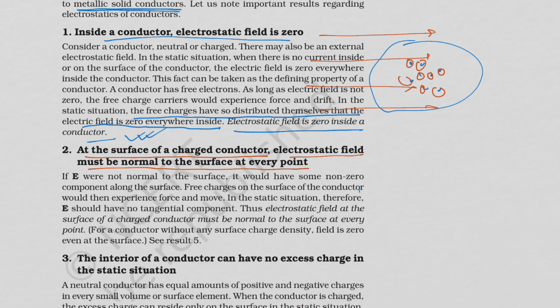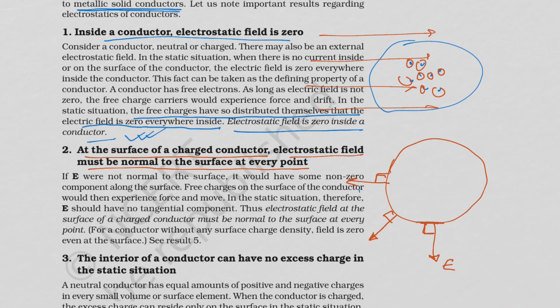So the first result says that inside the conductor there is no electric field, and the second one is that at the surface the direction of the electric field is normal to the surface, which simply means there is a 90-degree angle between the electric field and the surface. Every side it is 90 degrees.